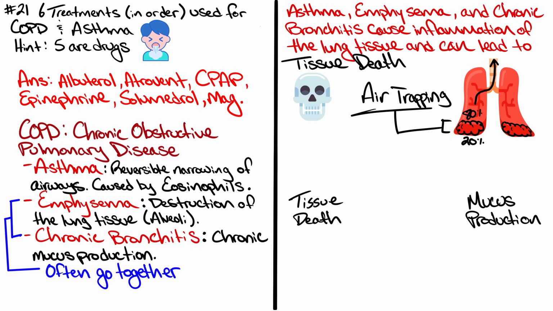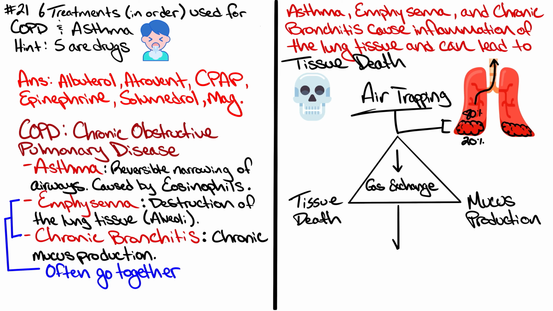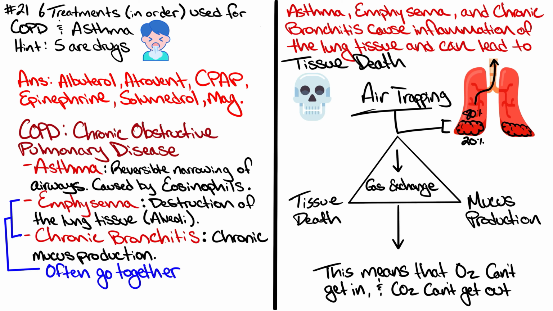If the air cannot be recycled within the lung, then new oxygen molecules cannot be exchanged. The combination of air trapping, tissue death, and mucus production results in a substantial reduction of gas exchange within the lung. This means that oxygen can't get in and carbon dioxide can't get out. Thus, you have a buildup in CO2 levels and a drop in oxygen levels.